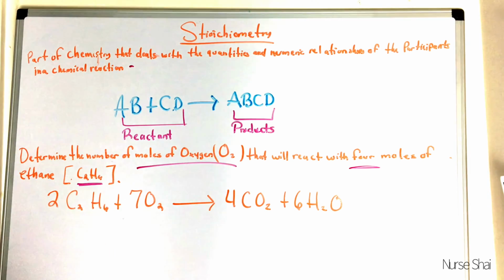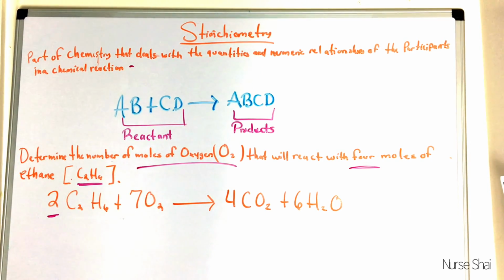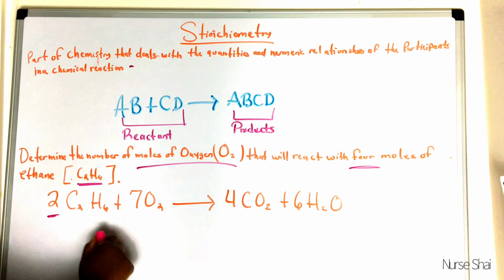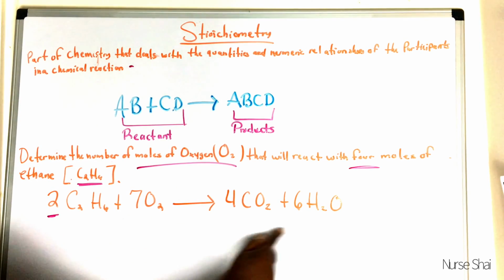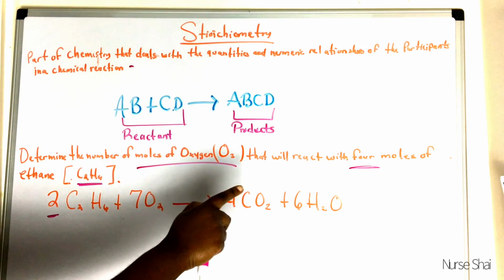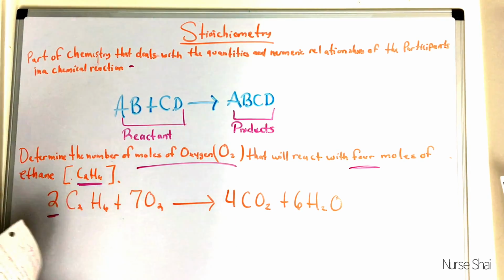How many moles of ethylene do we have right now? We have 2. So 2 ethylene, or C2H6, plus 7 oxygens makes our product. But they want to know how many moles of oxygen will react with 4 moles of this. So basically we just double it up.